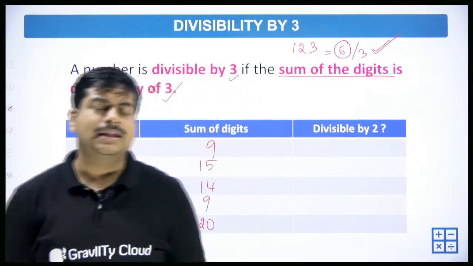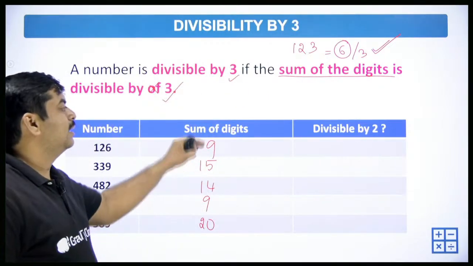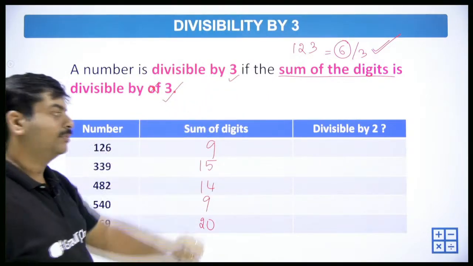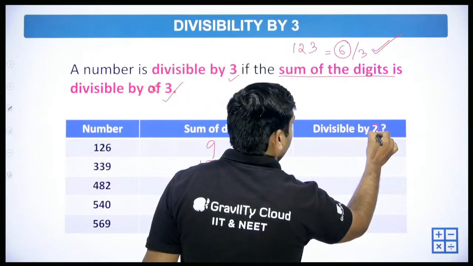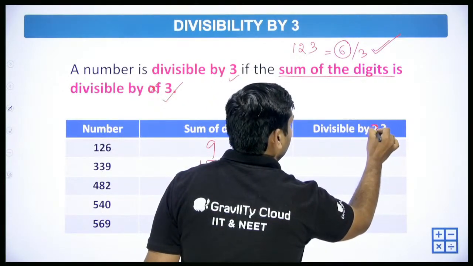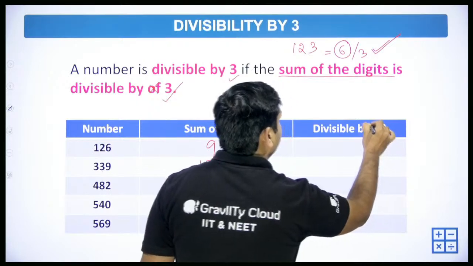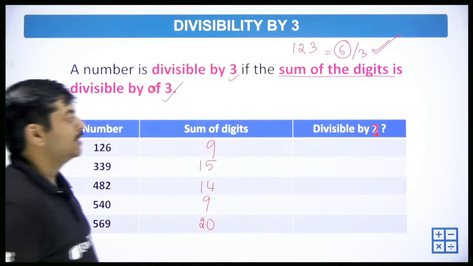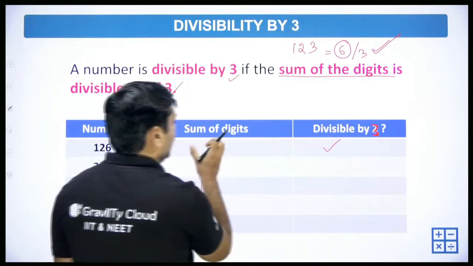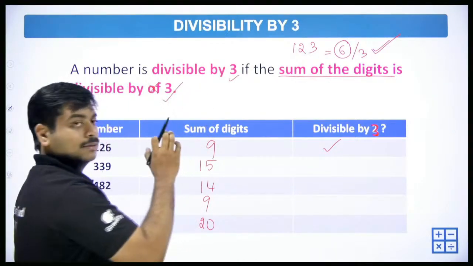So now the point is, is 9 divisible by 2? It's not divisible by 2. We are talking about divisibility by 3. Sum of the digits is 9. Is it divisible by 3? Yes, 9 is divisible by 3.